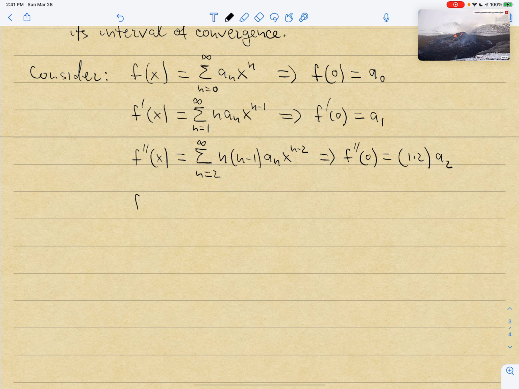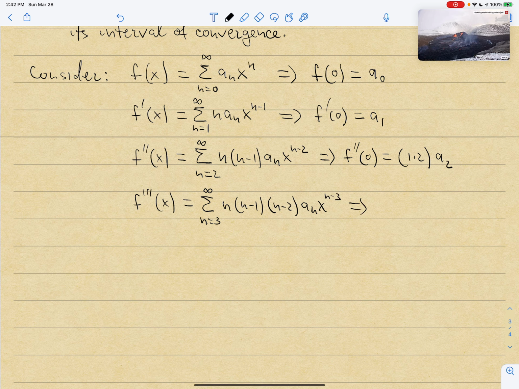One more, f triple prime of x. So you probably already got the gist of it. So I take the derivative one more time, n minus 2 will come down. So I can start the summation from n equal to 3. And then I have n times n minus 1 times n minus 2, an x to the n minus 3.